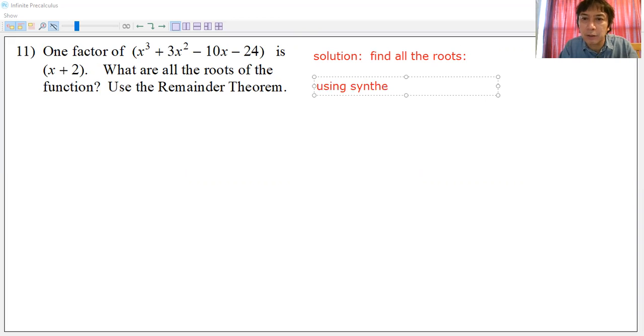Let's see the remainder. Okay, we have 1 and then 3 and then negative 10, negative 24. All right, these are the coefficients. Let's see that x plus 2 for our divisor.